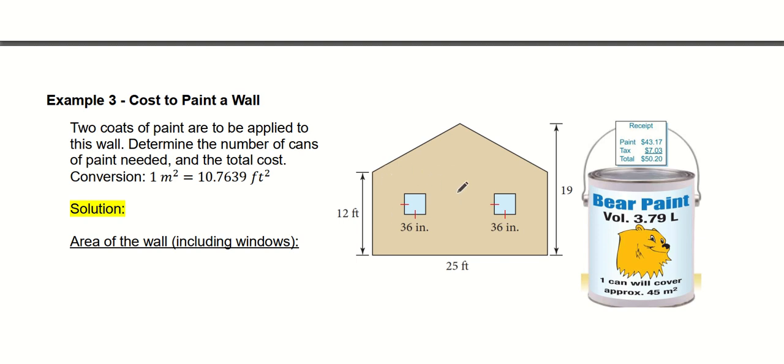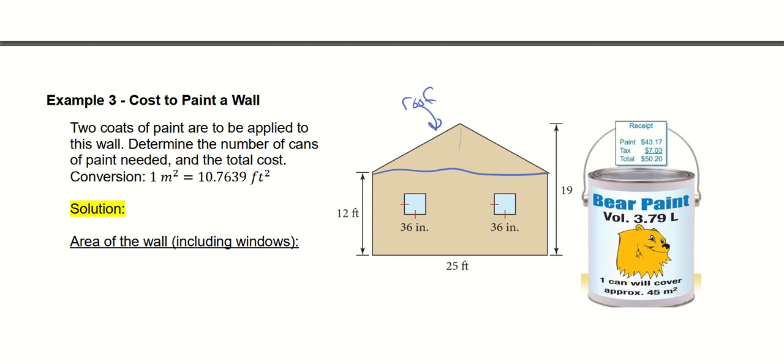And I see from this shape that it's actually two shapes. There's a triangle part, this is the roof. I'm going to say roof here. And this is just the wall part here.